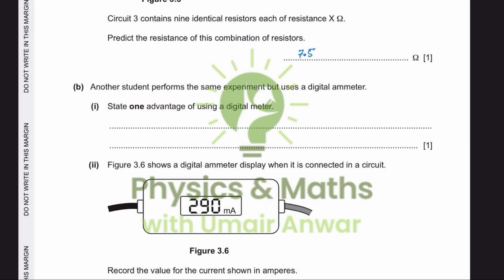Okay, another student performs the same experiment but uses a digital ammeter instead of an analog one. State one advantage of using a digital ammeter.